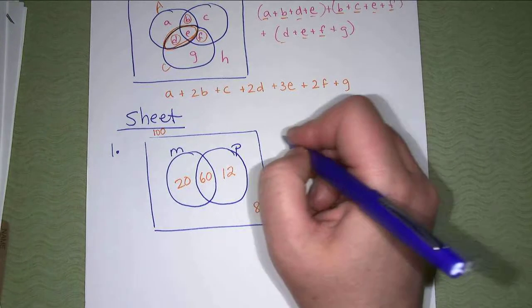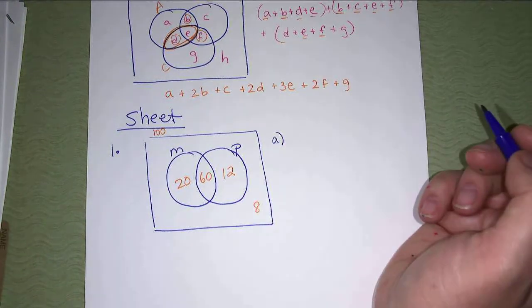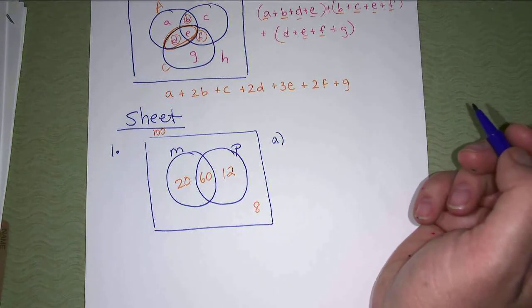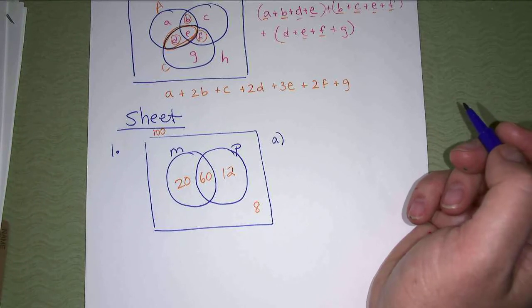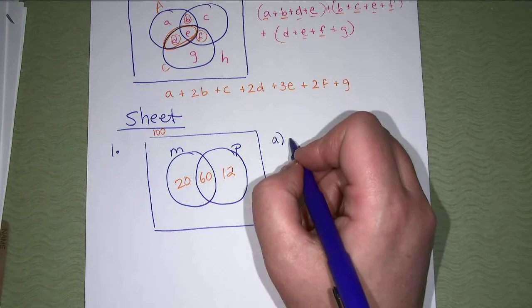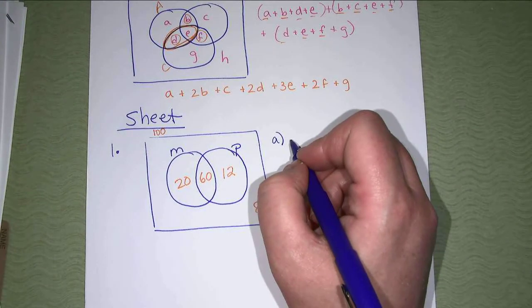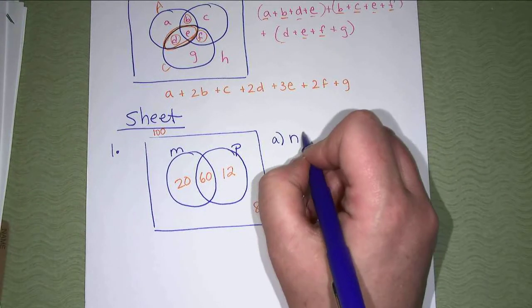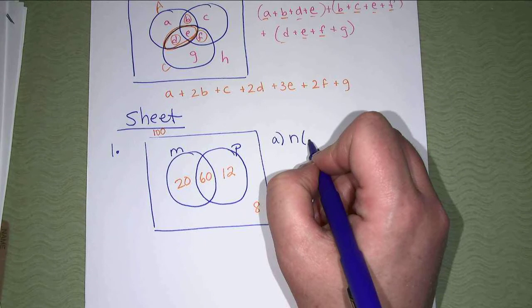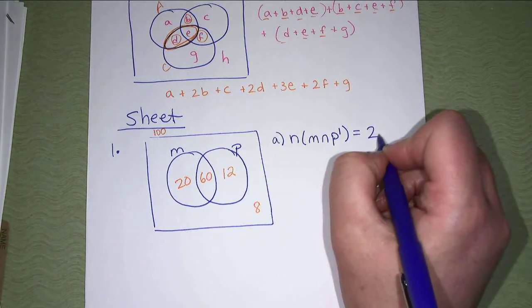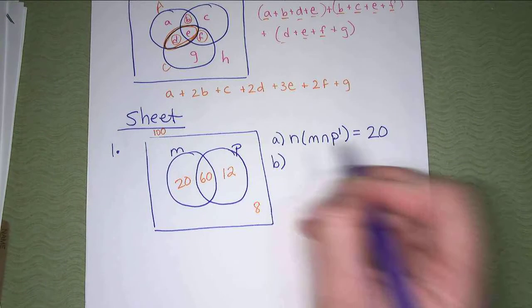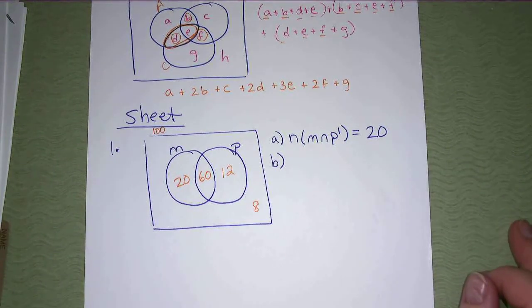So A said, how many ordered mushrooms but no pepperoni? Would you actually write that down as like mushrooms, union? Oh yeah, so if you wanted to, I would just put the answer. But if you wanted to, this is helpful to see, mushrooms and no pepperoni, like how to write it. Oh, so it's not union, right?